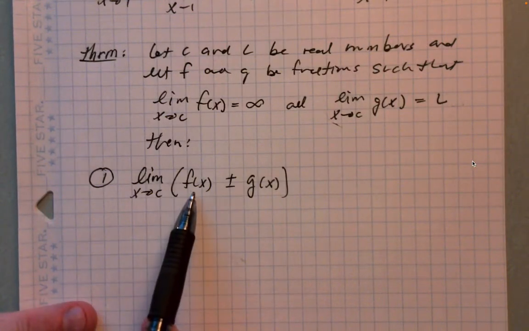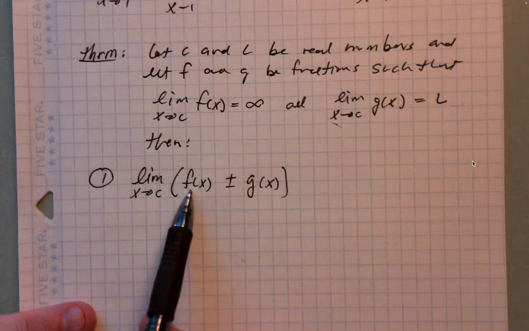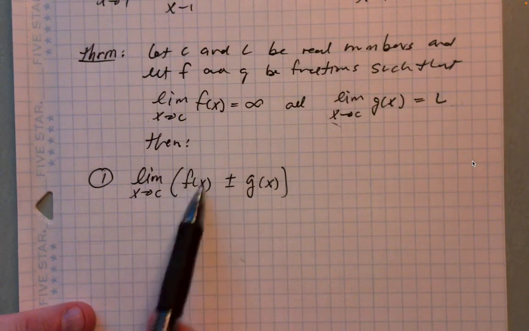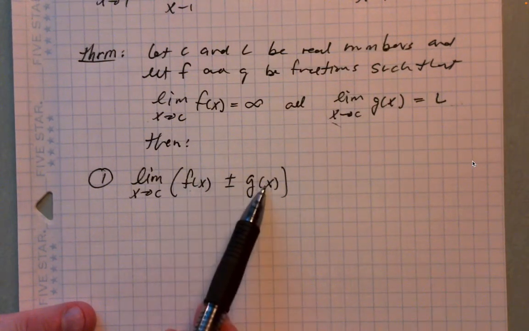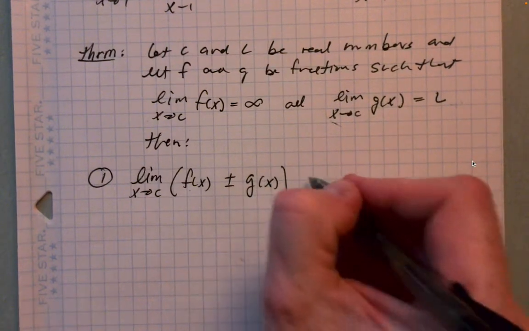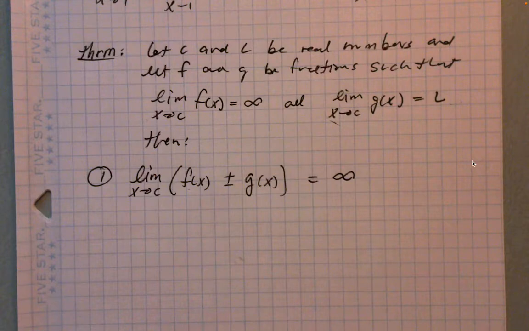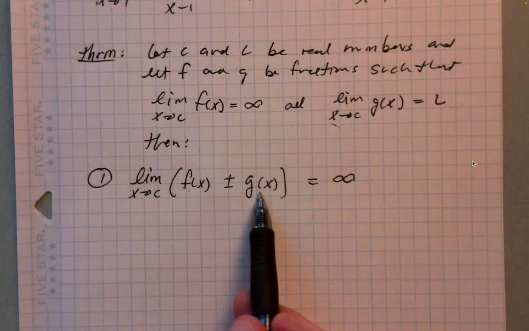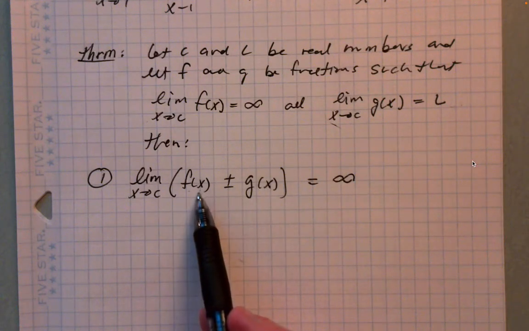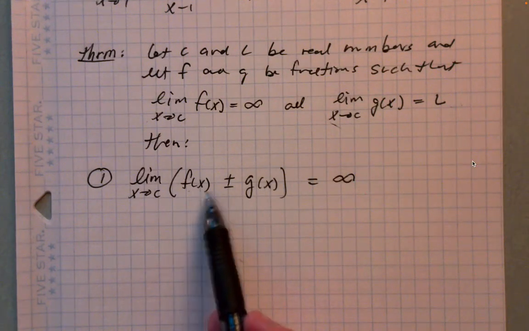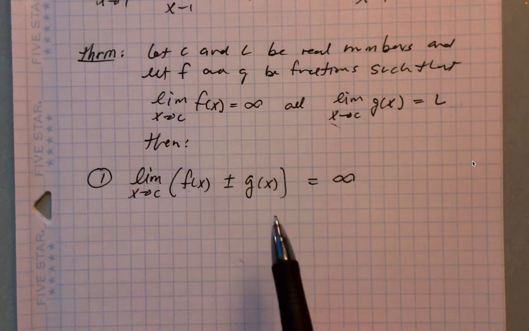This piece of f of x plus or minus g of x, this piece is going to infinity. This piece is going to a real number. What's going to happen overall? Hopefully it's clear that the whole thing heads to infinity, right? This thing increases to a limit value L. This one increases without bound, so overall the whole thing increases without bound.